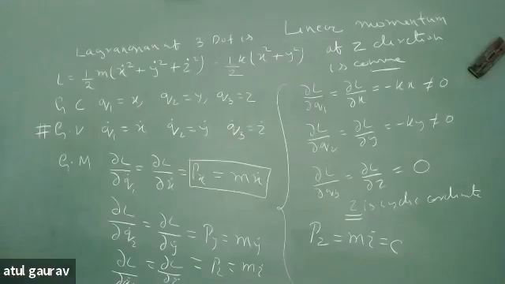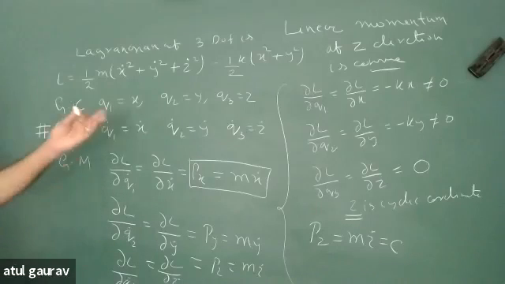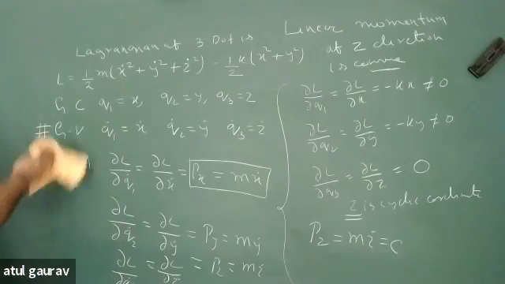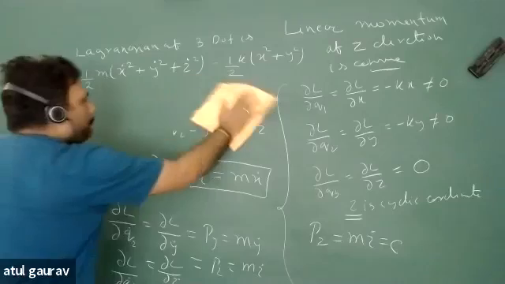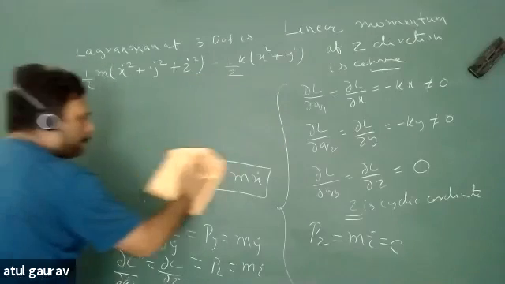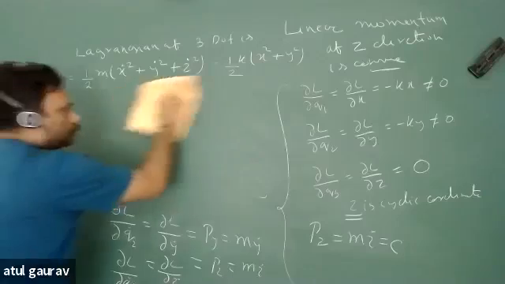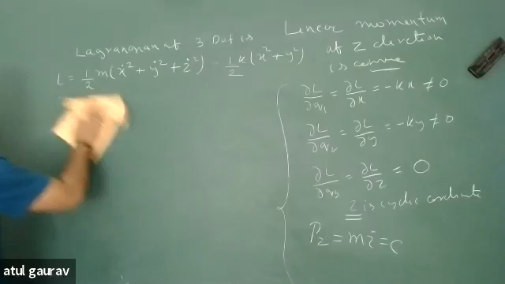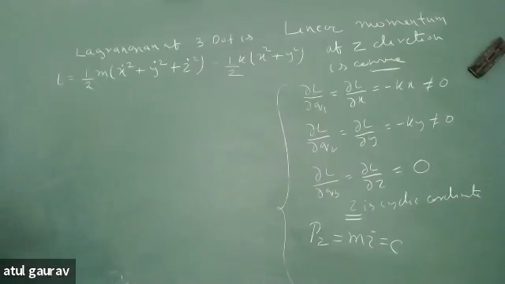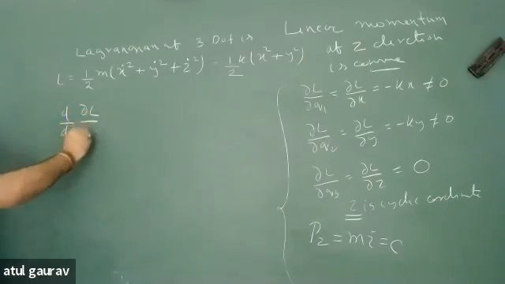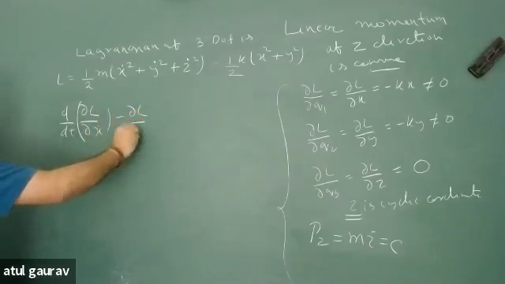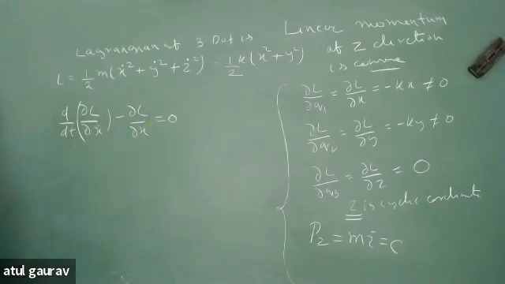So when we will go for equation of motion, we have to write 3 equations of motion because there are 3 generalized coordinates. So first we will go for the first equation of motion, that is d upon dt del L upon del x dot minus del L upon del x is equal to 0.